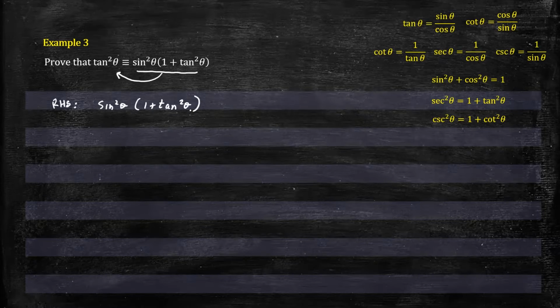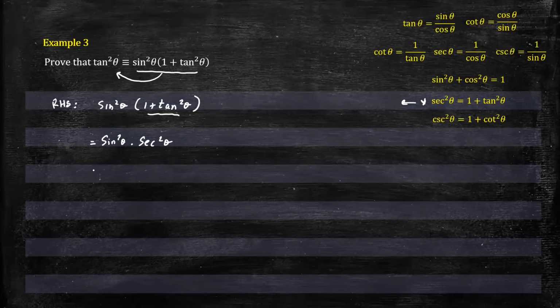So sine squared theta is okay, but 1 plus tan squared theta can be simplified using this rule on the right side, which is equal to sec squared theta. So we can write that sine squared theta times sec squared theta.